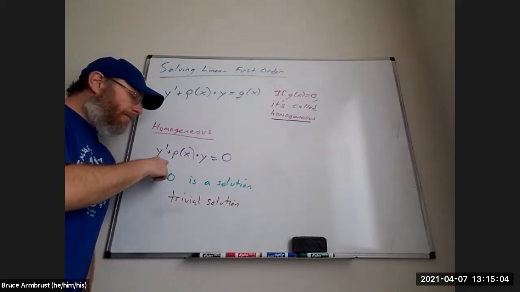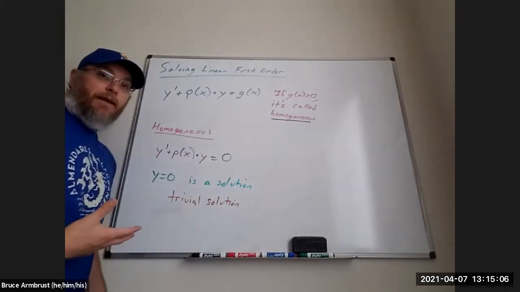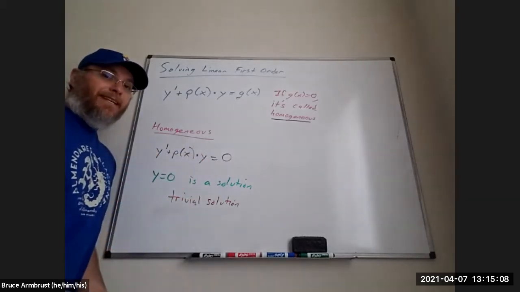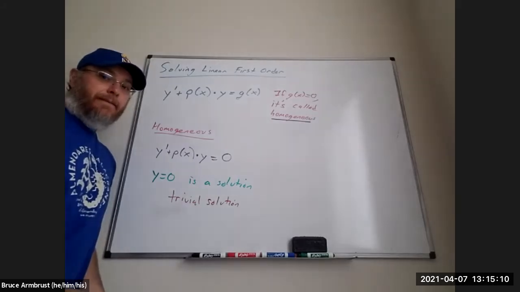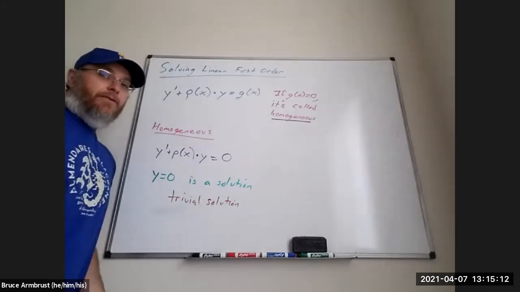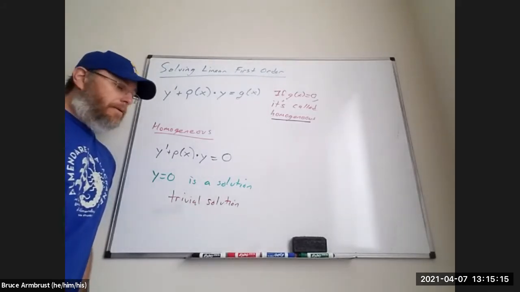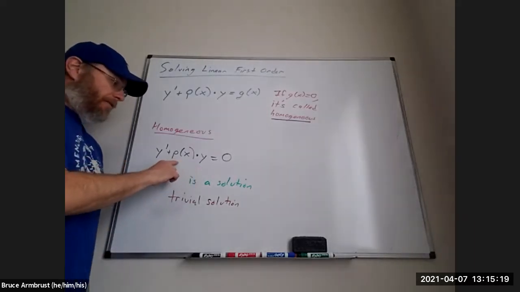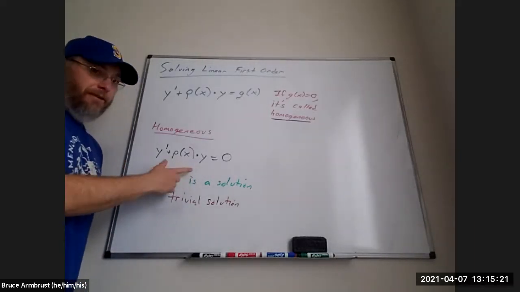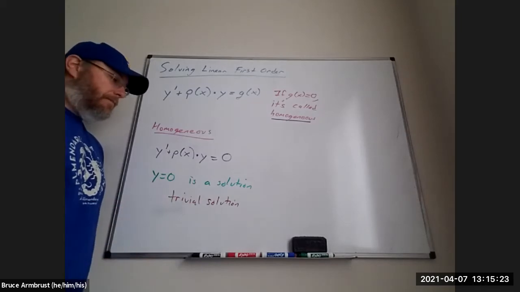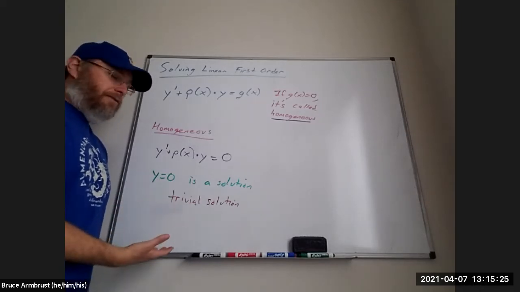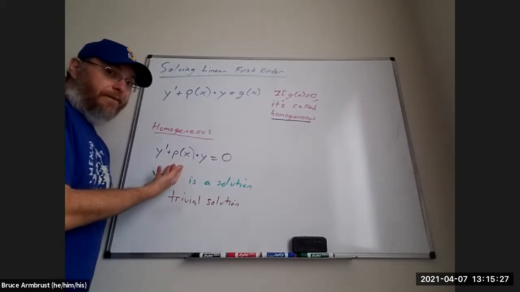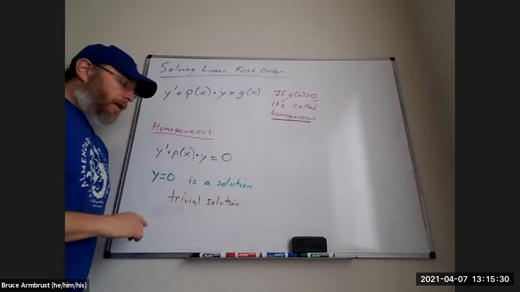We could write y prime plus 3y equals 0, and that's fine too, but it doesn't have to be a constant. So it's just any old generic function of x. But again, that doesn't really matter if y is equal to 0, right? Whatever this is, if I multiply it by 0, I'm still going to get 0. So in terms of the trivial solution, we don't care about p. We don't care what that looks like.